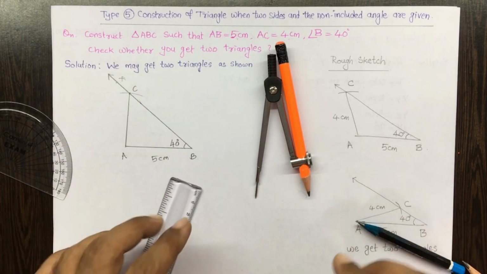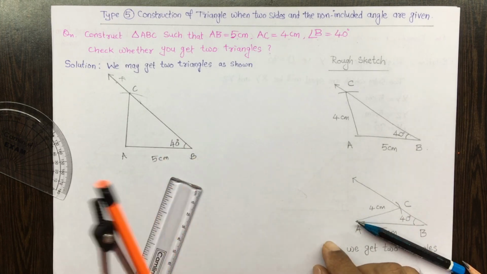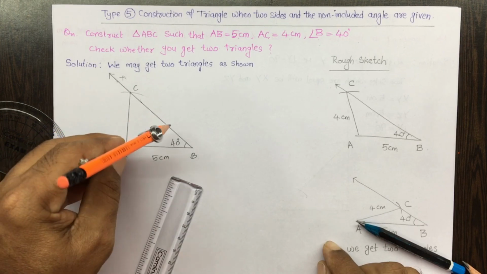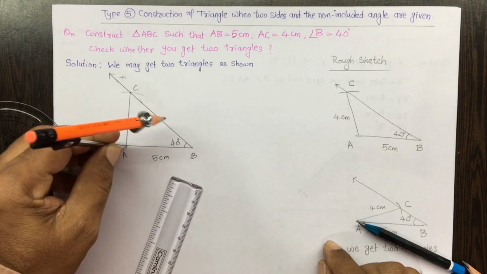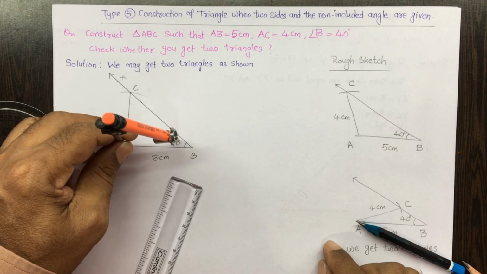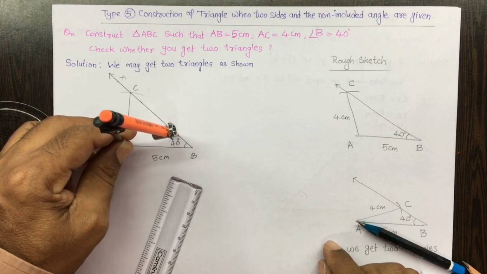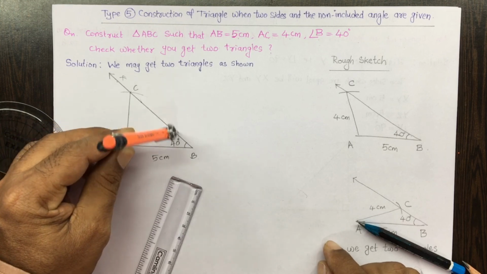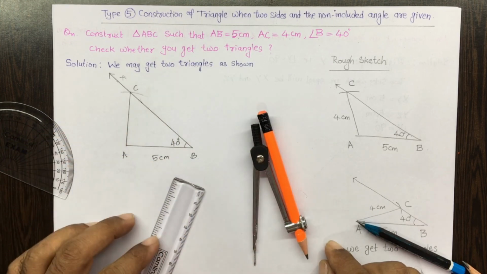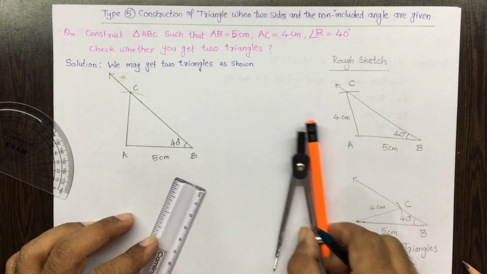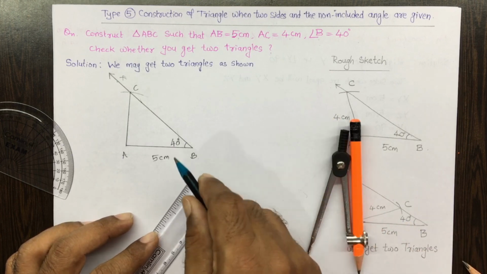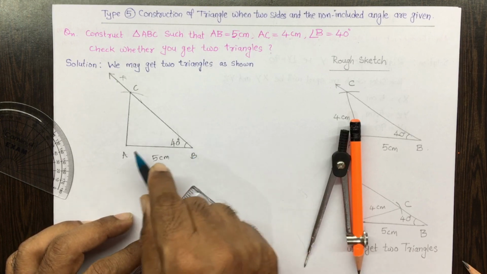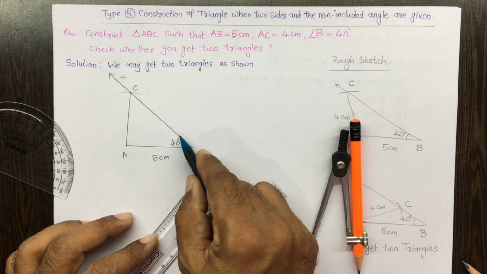But if you check this particular arc, it may cut somewhere at some other point also. For example, here it is cutting here somewhere, here also. So, that means you can say that with these measurements we can get 2 triangles. Here the point can be here also.